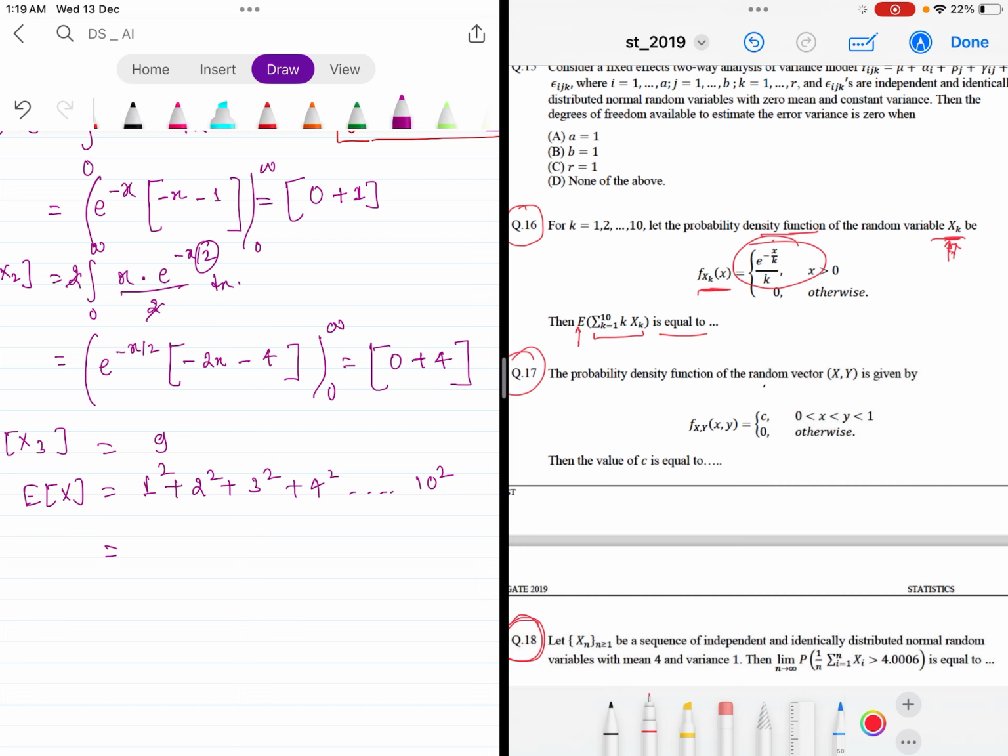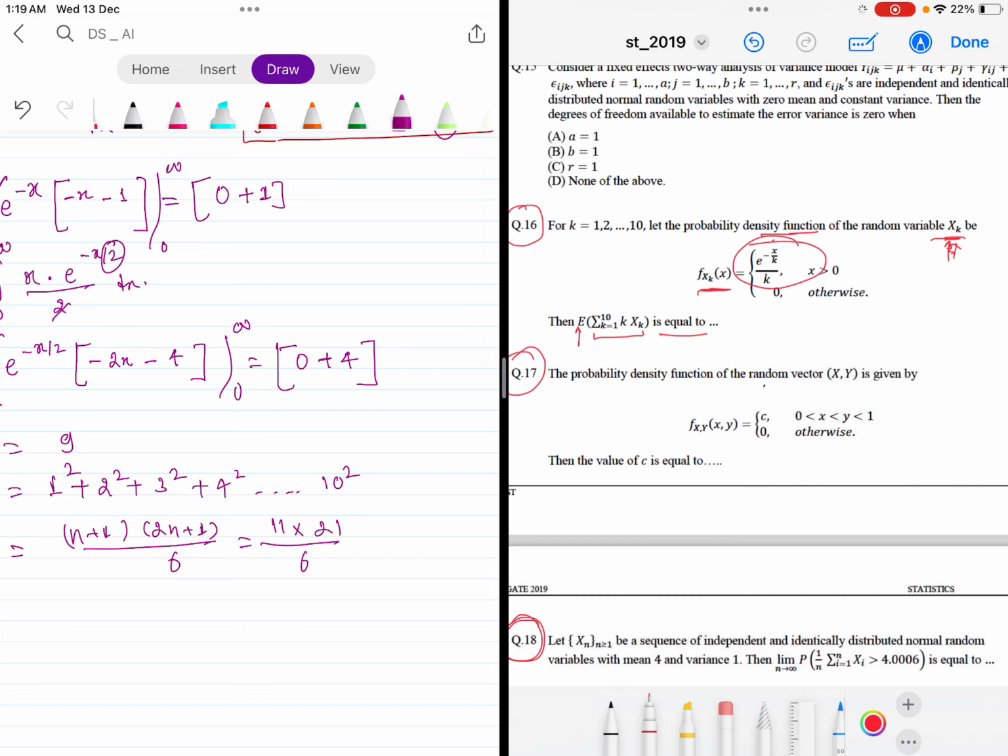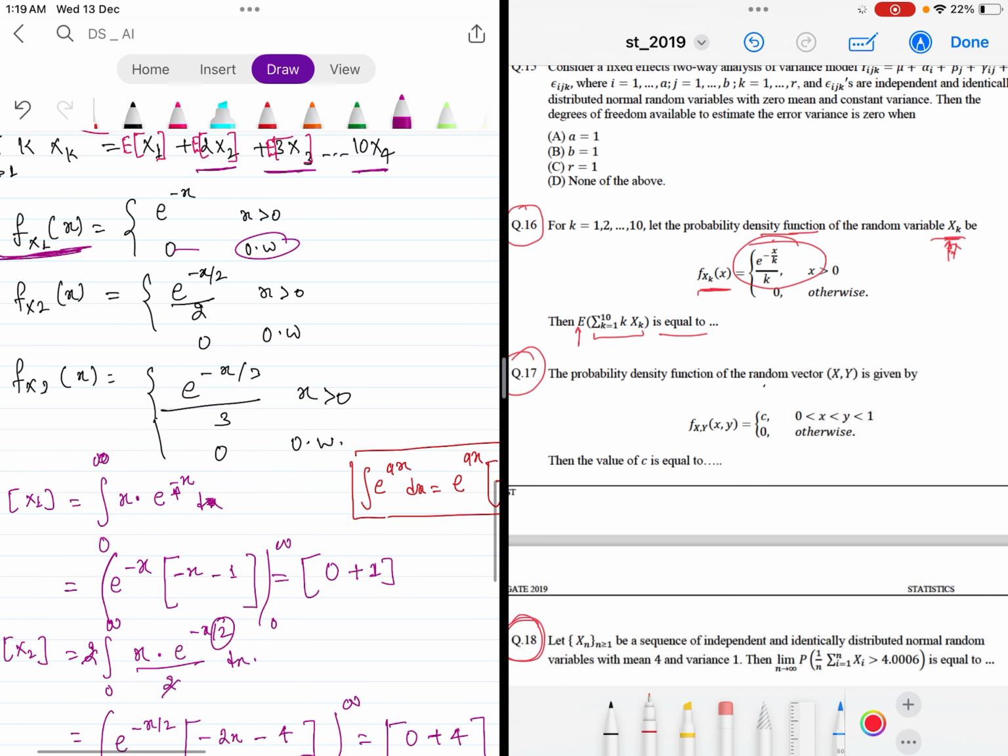I think I forgot. n into n plus 1 into 2n plus 1 divided by 6, is it right? 10 into 11 into 21 divided by 6... so 385. Okay, so the correct answer for this is 385.